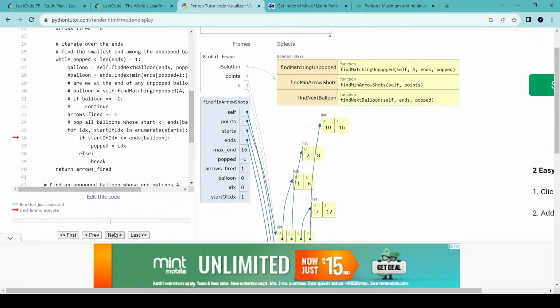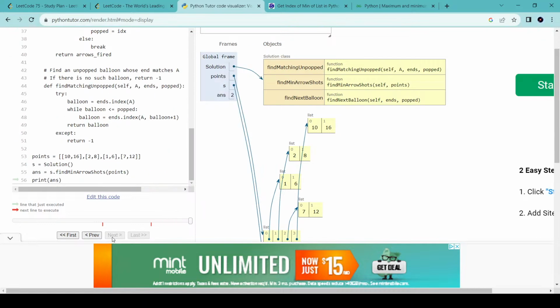Okay. Pop it. Oh, actually go here. Okay, next. Okay, now balloon is 2. Yeah, that's correct. Let's keep going. Yeah, no, that's correct. What's the problem?